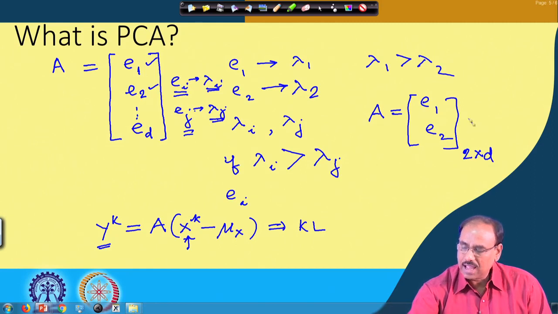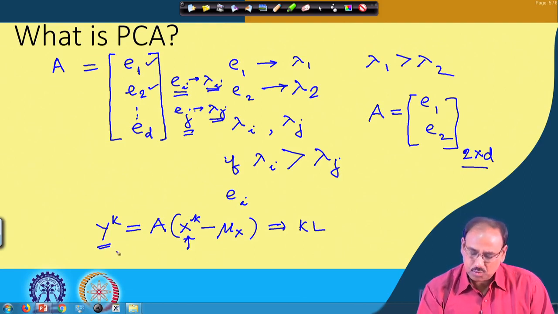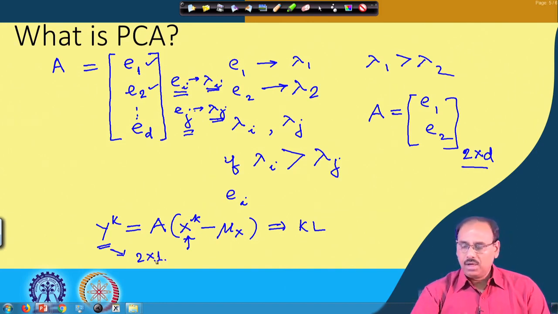I have 2 rows and D number of columns, right. So, when you go for this transformation, this y k will be a 2 by 1 vector, that means it is a 2-dimensional vector. So, just by truncation of this transformation matrix, I can transform the data from D dimension to 2 dimension. So, that is what gives me a reduction in the dimensionality of the input data.